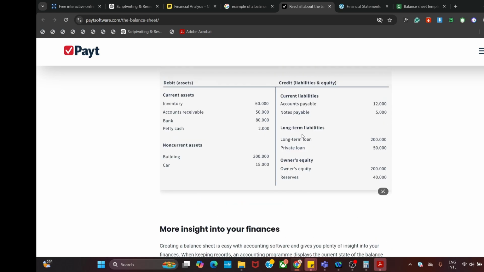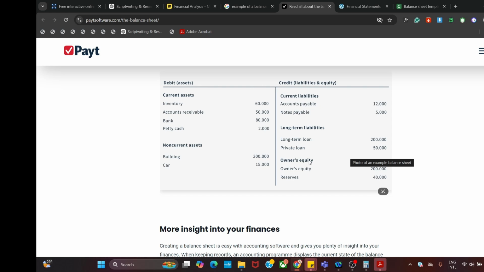Then we talk about long-term liabilities. These are liabilities that the company cannot offset within a year. Maybe it could take 2, 3, 4, 5 years or even 10 years to offset these liabilities. These are what we call long-term liabilities.